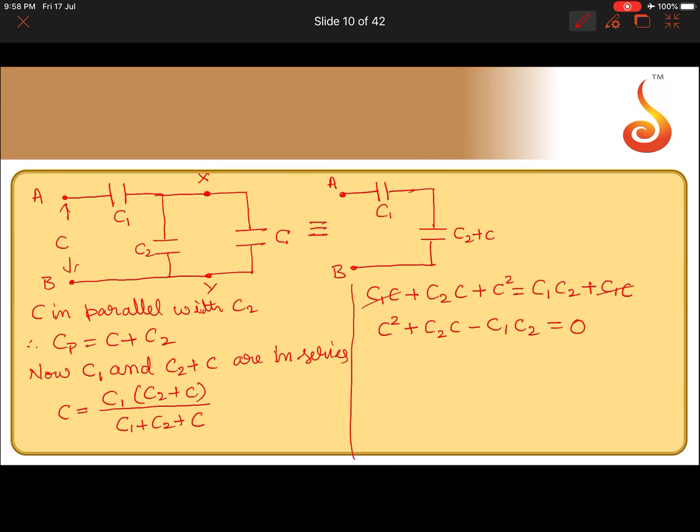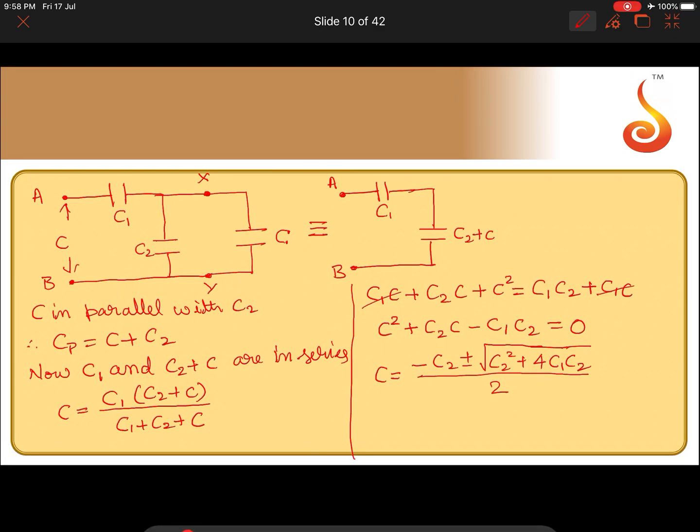So, apply the formula for this. C should be equal to minus B, B is C2, plus or minus square root of C2 square minus 4 into 1 into C, which is C1 C2, this is minus, minus into minus becomes plus, divided by 2.